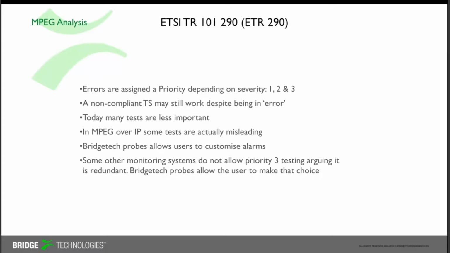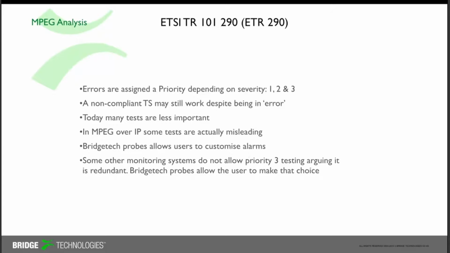ETR 290 was in the days of ASI, and ASI was an asynchronous single cable, if you like. The packets would flow asynchronously down a wire, and once they started, they carried on going to wherever they were going. IP, of course, now we transport MPEG packets over IP.